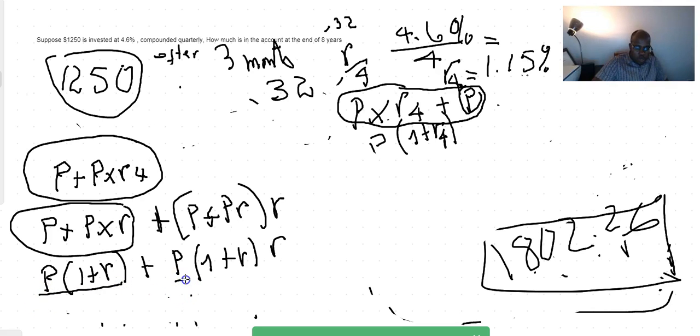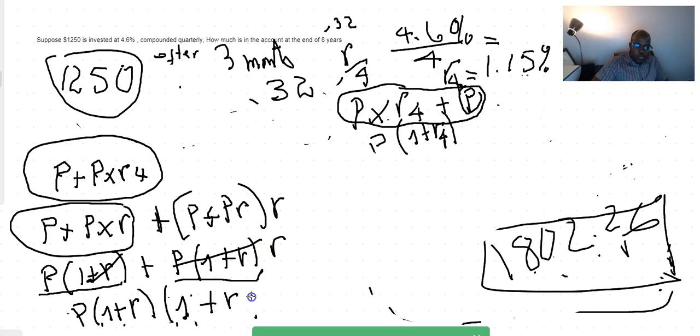So it's going to be P times 1 plus R, and then here I'm going to have 1, and here I'm going to have R.